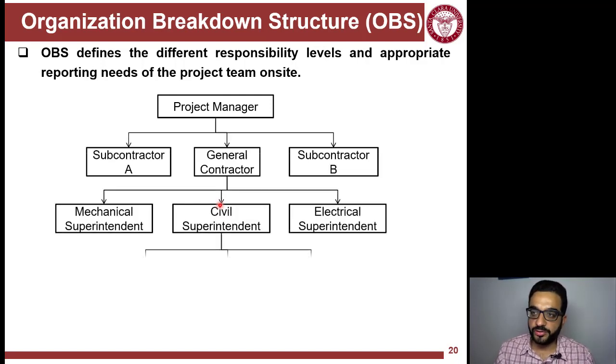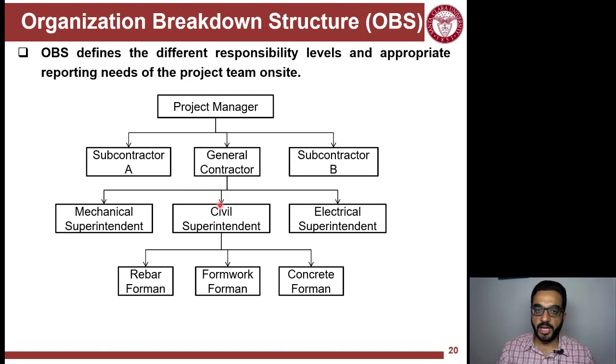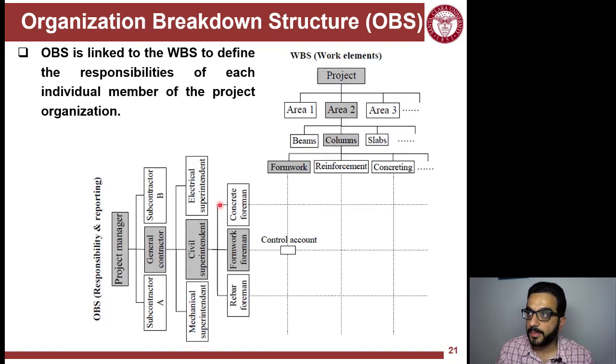So the project manager can supervise subs and the general contractor team. Within the general contractor team, there will be different superintendents, and every superintendent will manage different foremen. Just an example of OBS. You can have a different OBS. Every company has different ways of managing projects using different OBS.